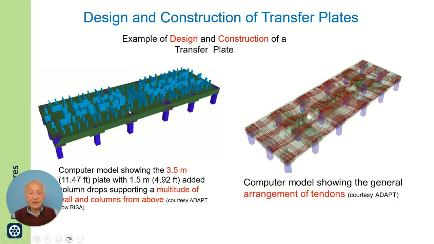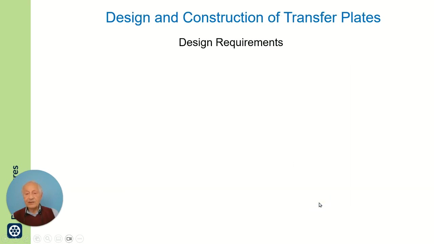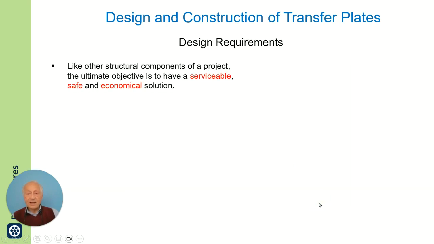This is the 3-dimensional view, and here I have the see-through model of that plate showing the arrangement of post-tensioning tendons. Now let us concentrate a little bit on design requirements.